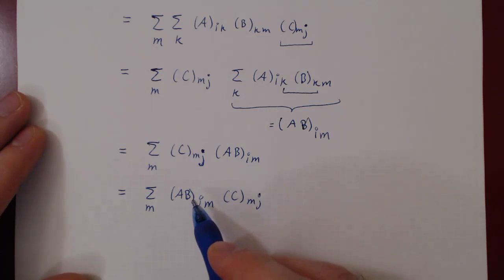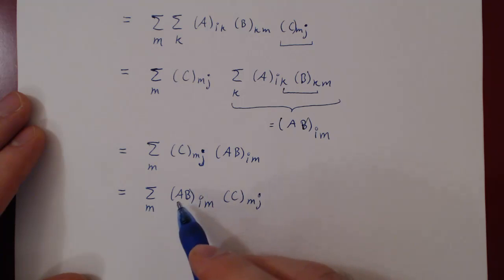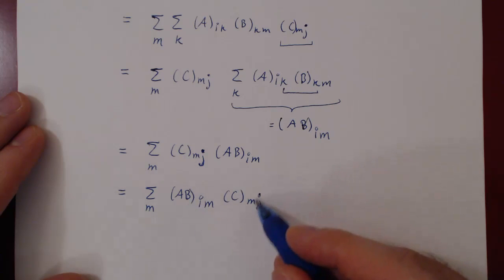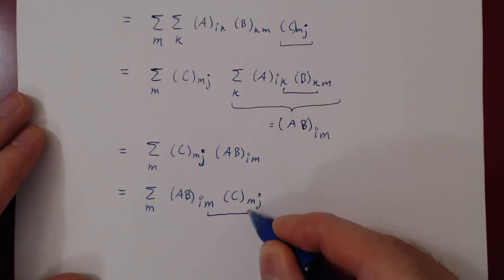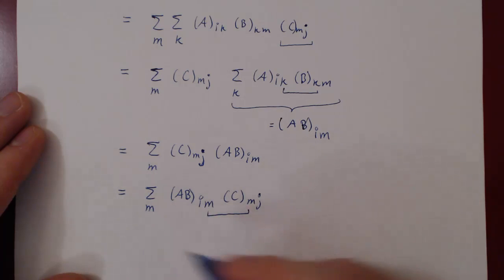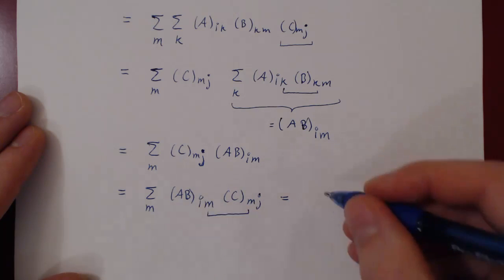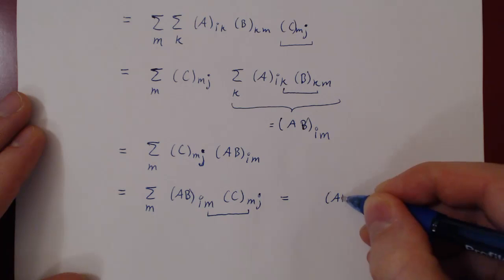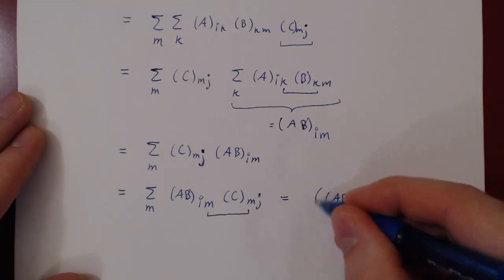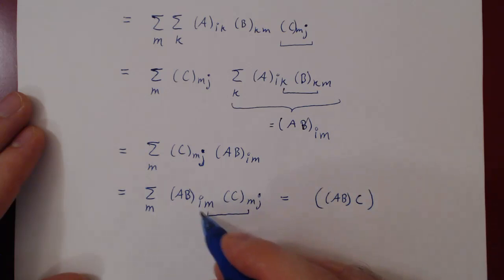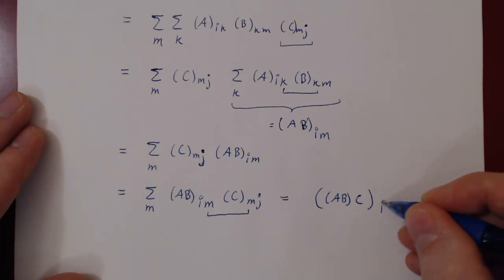We are taking the entries in the ith row of matrix AB and the jth column of matrix C. We are multiplying corresponding entries and once again adding them up. This is by definition the entry in matrix AB times matrix C found in the ith row, jth column.